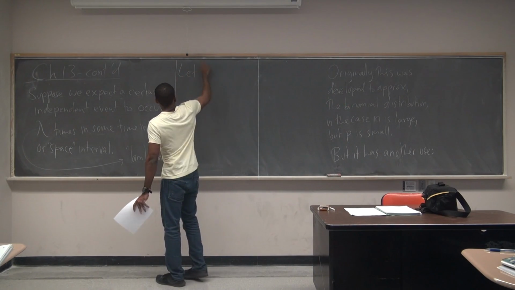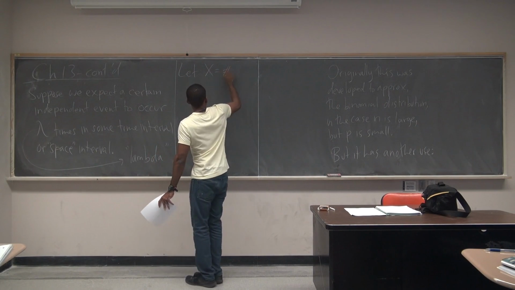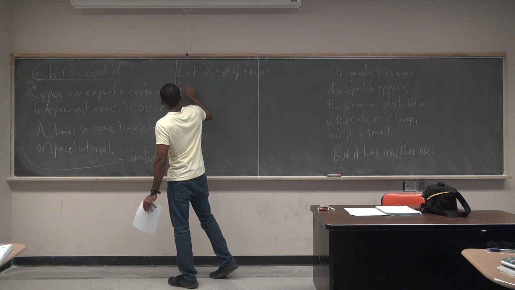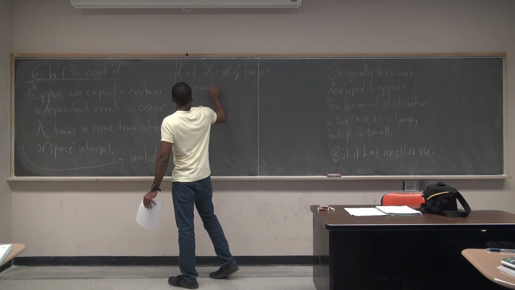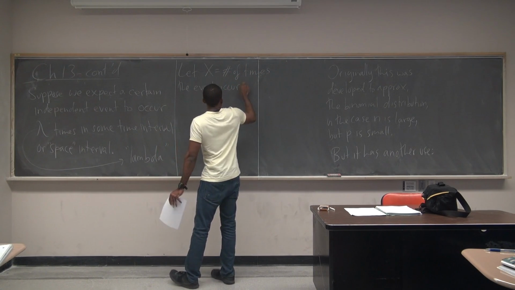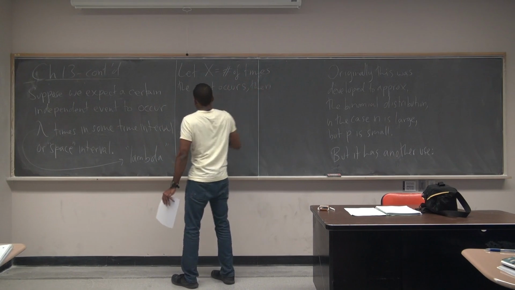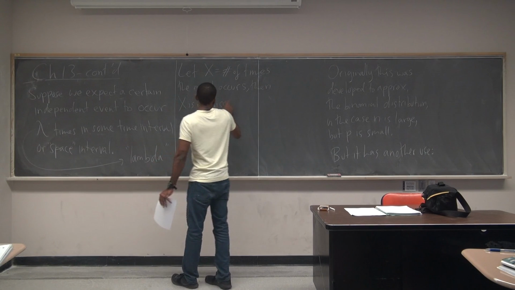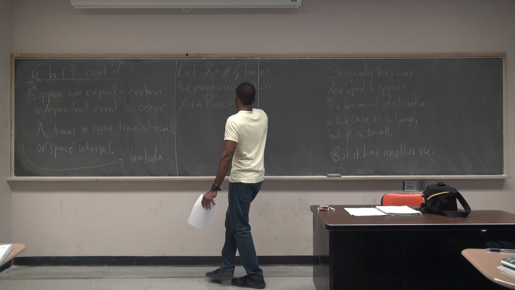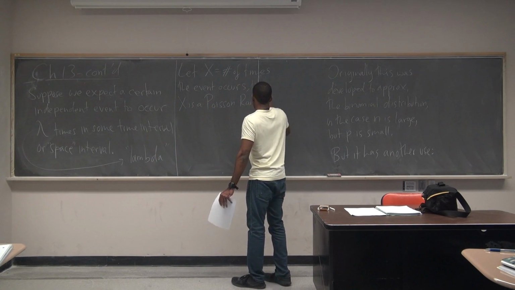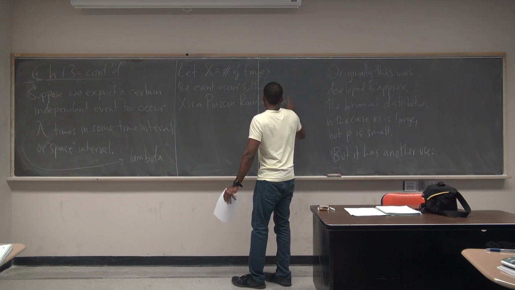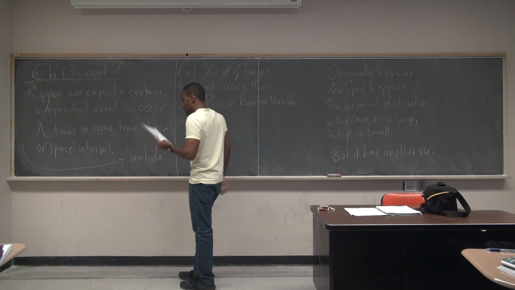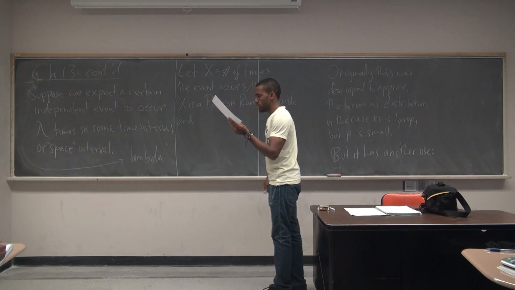If you let x equal the number of times the event occurs, then x is a Poisson random variable. And again, I think we use k as the notation.